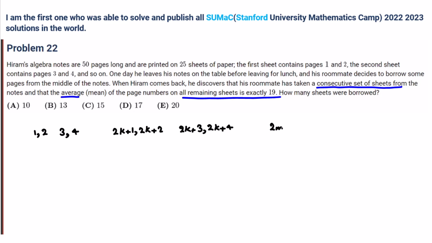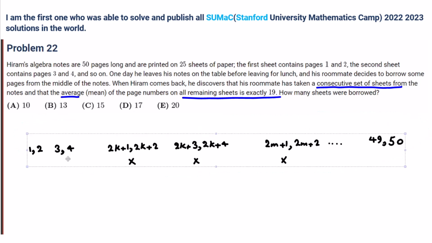For example, 2m plus 1, 2m plus 2, and 4950, right? For example, it means that we remove these pages, okay? So let's do something to make it better.